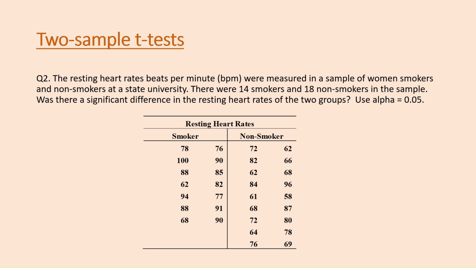Consider an example for solving the problem through SPSS. The resting heart rates, in beats per minute, were measured in a sample of women smokers and non-smokers at a state university.